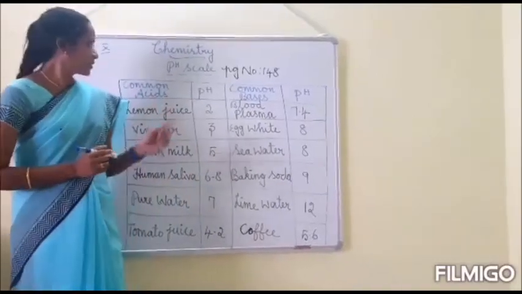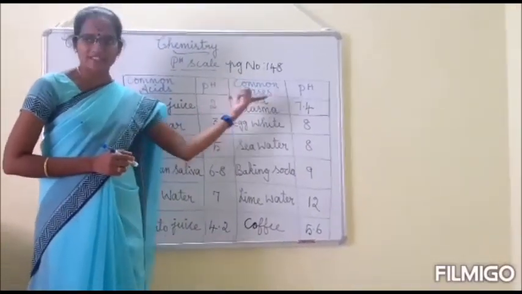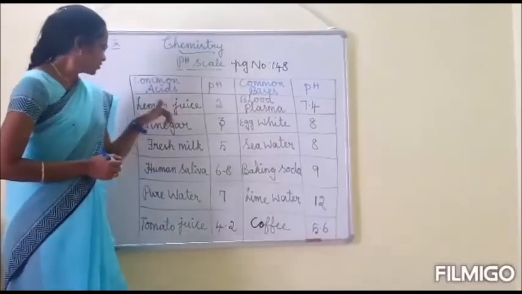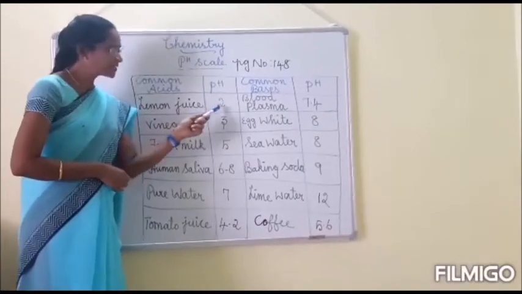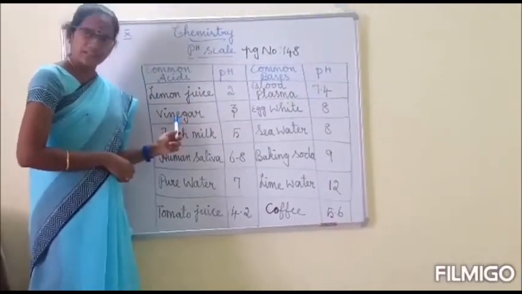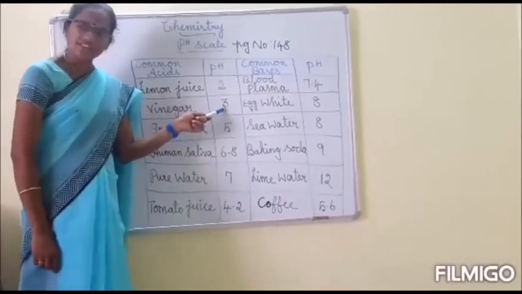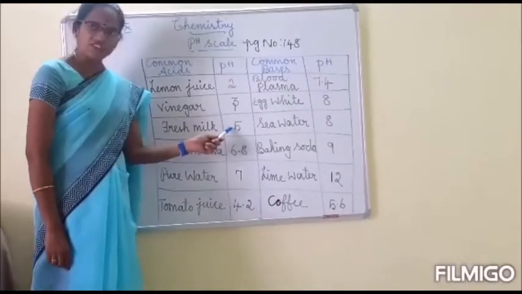Let me show some of the common acids as well as common bases and their pH range. The first one is lemon juice, its pH is 2. The second one is vinegar, its pH is 3. Next, fresh milk, the pH is 5.